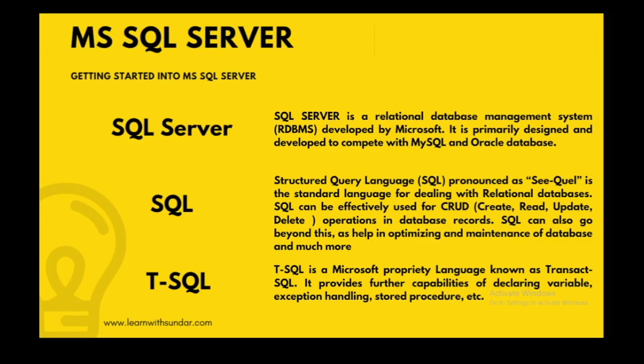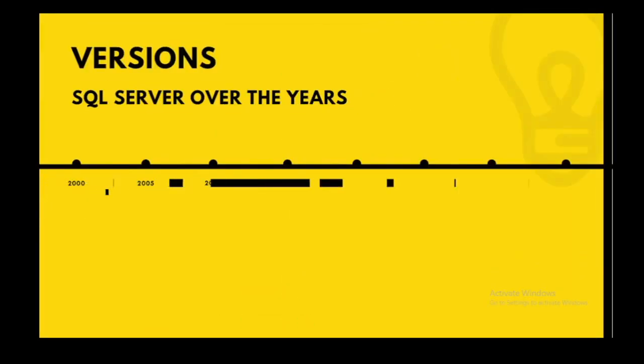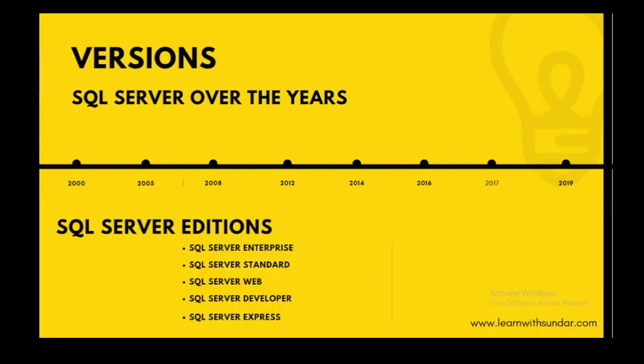SQL Server comes with its own implementation of the SQL language called T-SQL. T-SQL is a Microsoft proprietary language known as Transact-SQL. It provides capabilities like declaring variables, exception handling, stored procedures, triggers, etc. Now let's look into the version history of SQL Server. Microsoft and Sybase released version 1.0 in the year 1989.